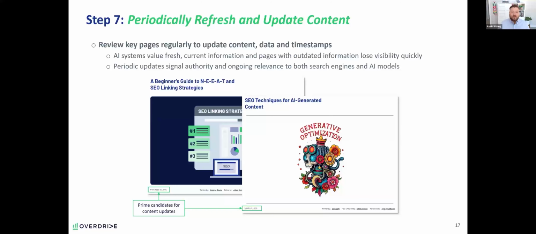So we need to periodically update our content so that it signals authority and ongoing relevance. It signals that we're still maintaining this page and ensuring that everything on it is correct and high quality. And that is communicated to both search engines as well as these AI models.